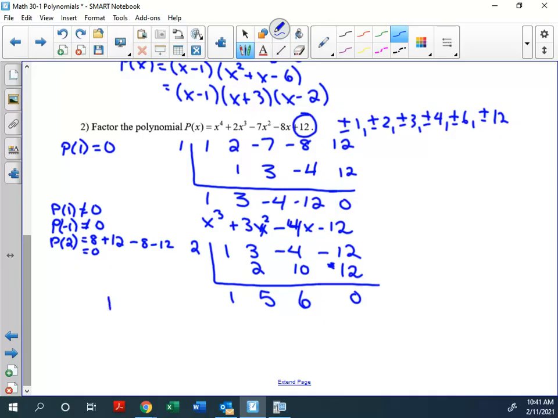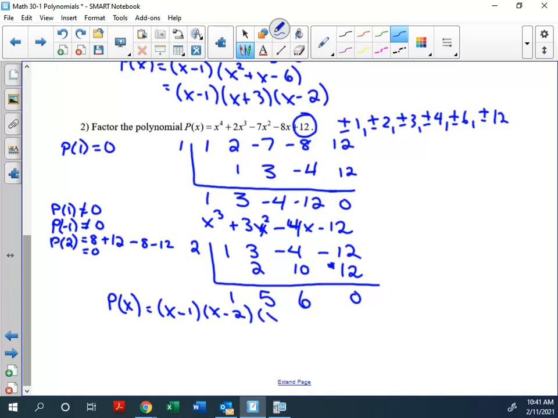Okay, so far in my polynomial, I divided out a root of 1, creating a factor of x minus 1. I divided out a root of 2, making a factor of x minus 2.